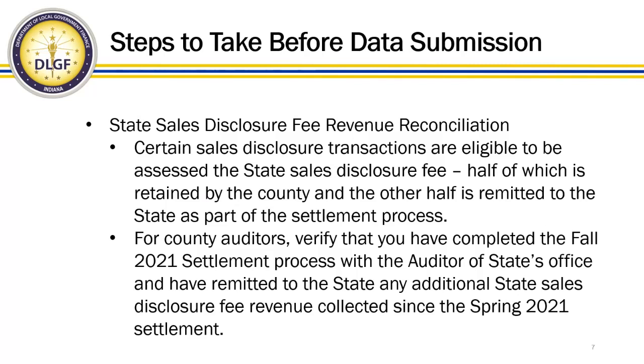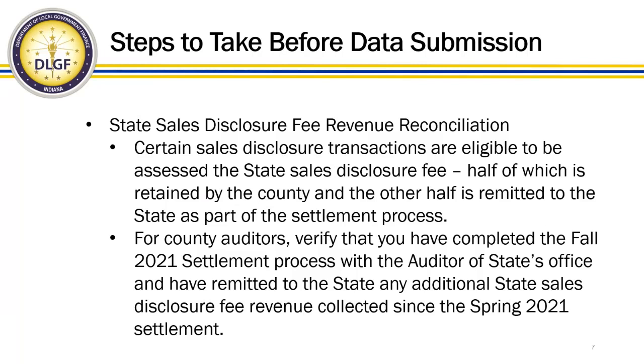For county auditors, if there are any on this webinar currently, you want to verify that you've completed the fall 2021 settlement process with the Auditor of State's office, and that you have sent to the state any additional state sales disclosure fee revenue that you've collected since the spring 2021 settlement, which typically happens in the May-June timeframe.